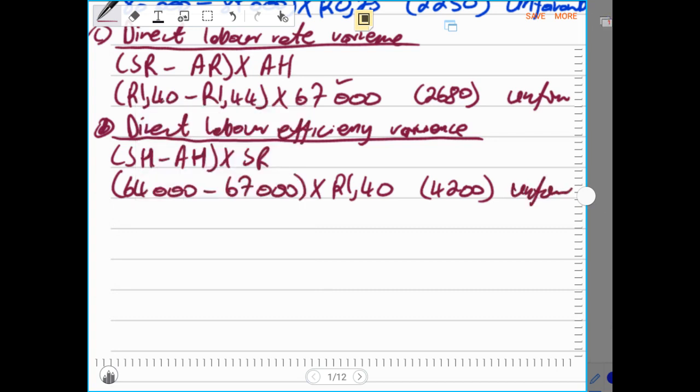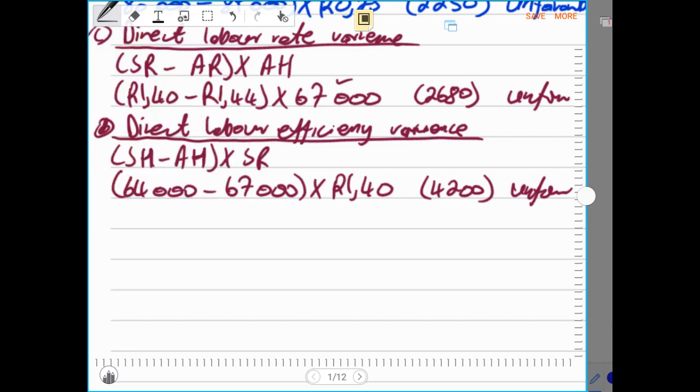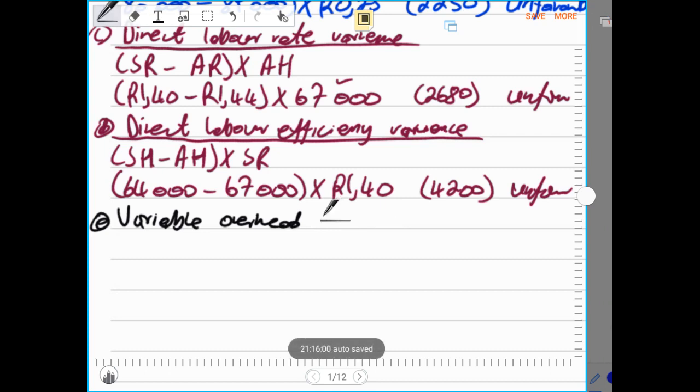Then we go to the overhead variance, which is variance number E: the variable overhead price variance.